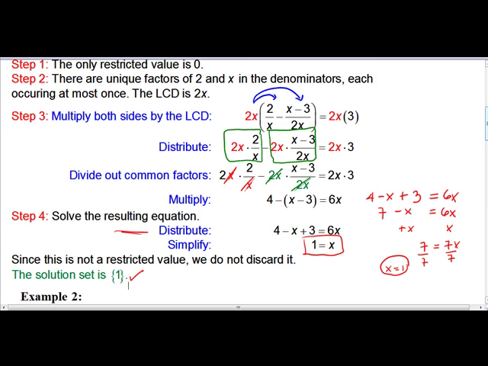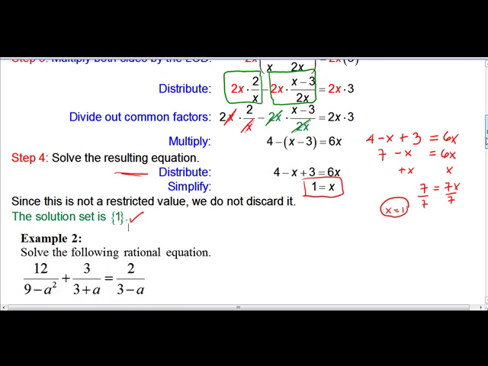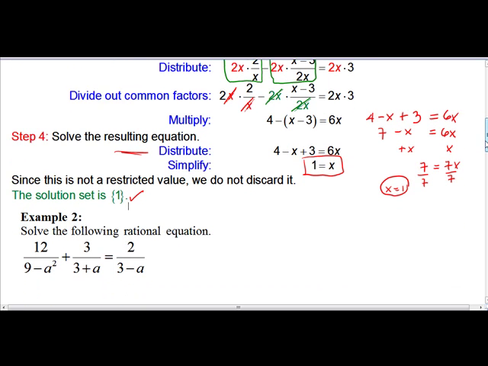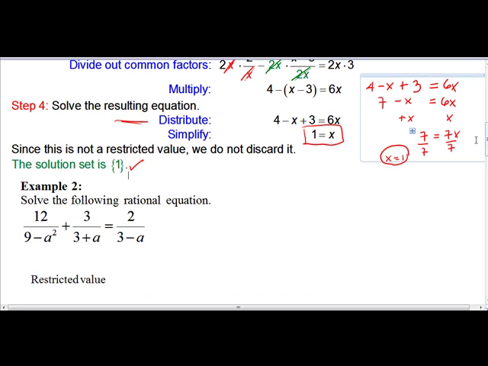Let's try the next example, and do the same thing. First step is to find the restricted value, and to do that we're going to factor 9 minus a squared.